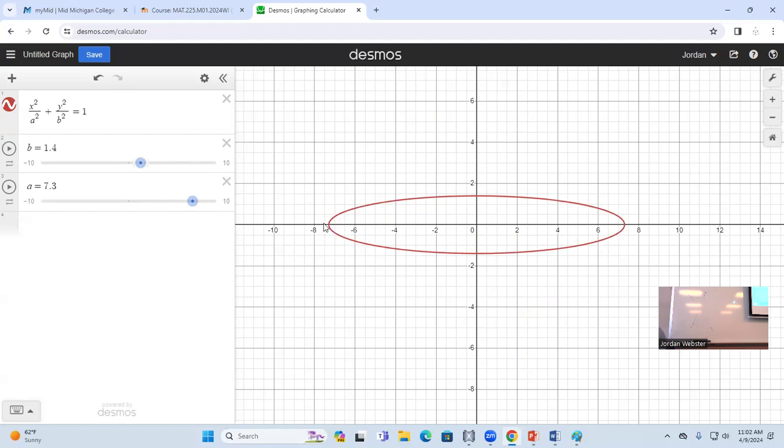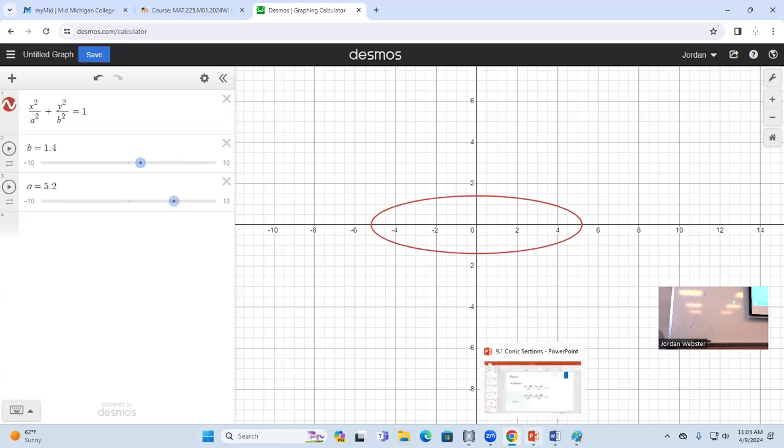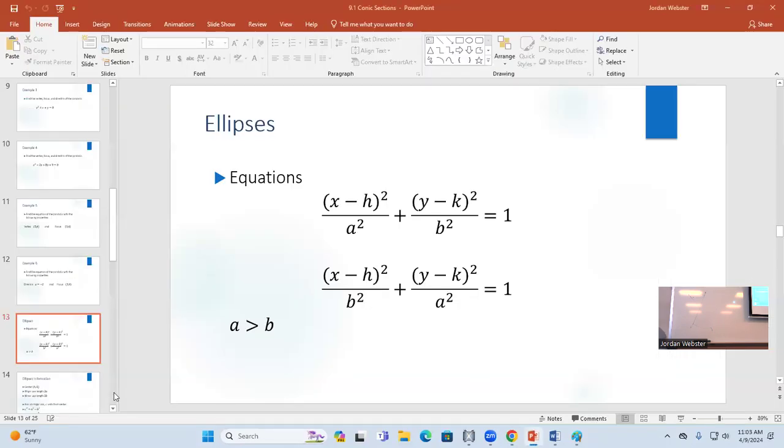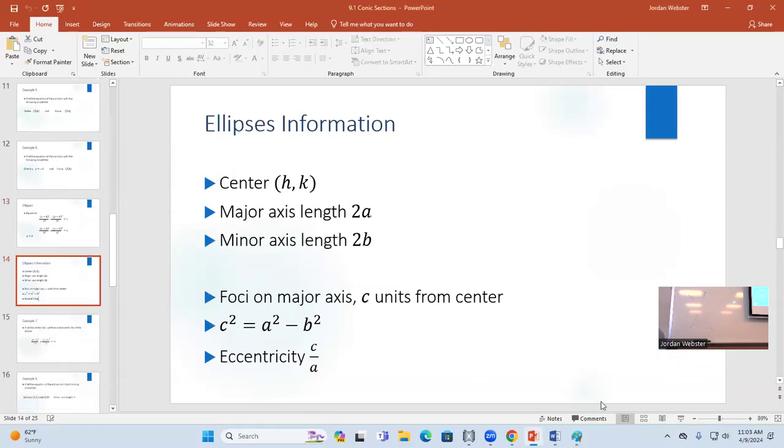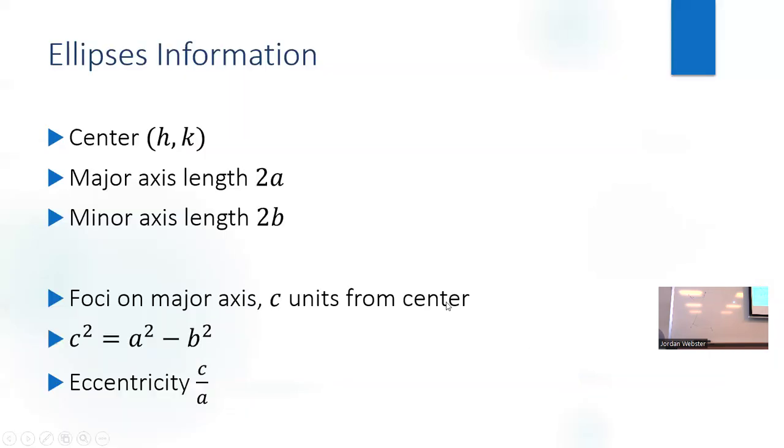So that's what the graph of an ellipse looks like. Again, it's a conic section. And that's the graph. Now, there's some components of an ellipse that you should know.